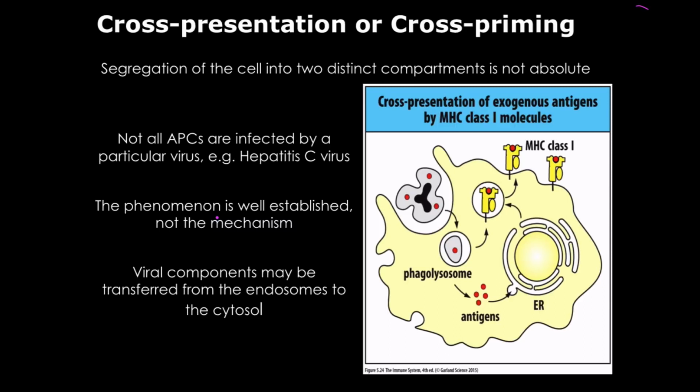There are, however, two hypotheses that are not accepted, but are being debated right now for how this process works. The first one is that viral components are going to be delivered from the endocytic vesicles into the cytosol for degradation by the proteasome and then presentation by MHC class 1.